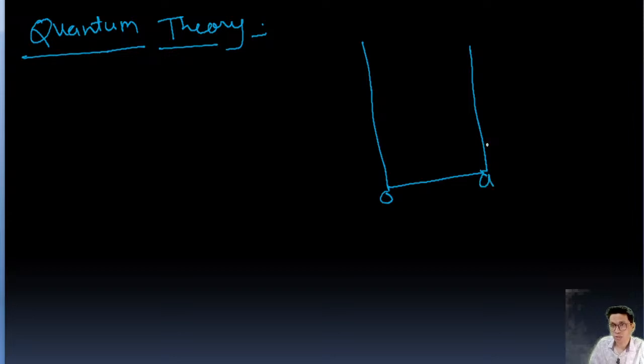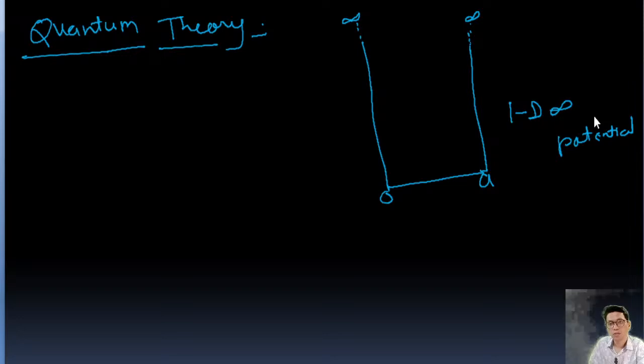So this is the 1D infinite potential box, of width A. I have already explained its energy.